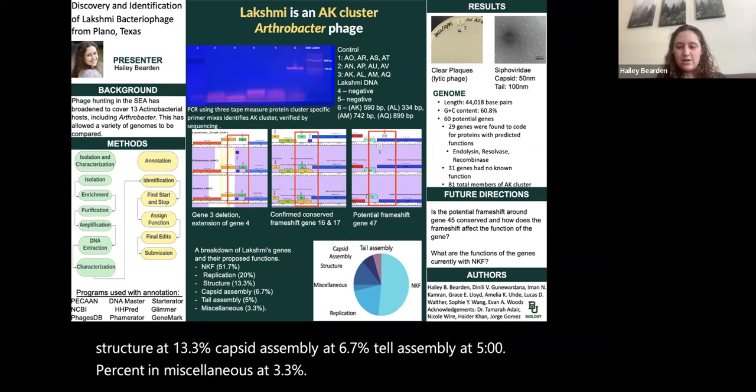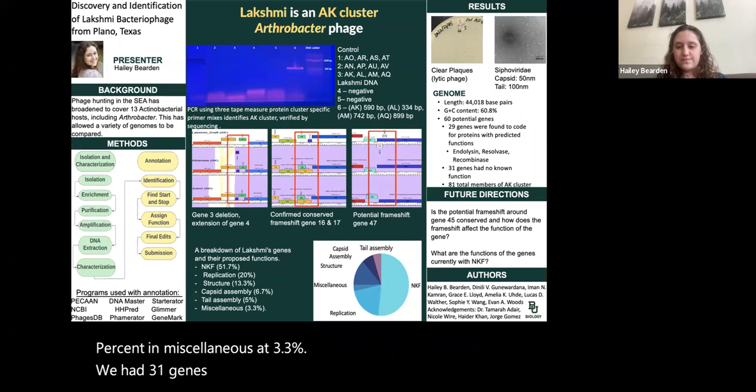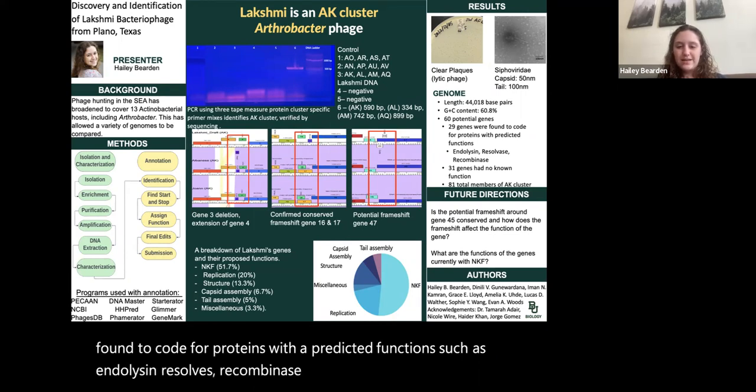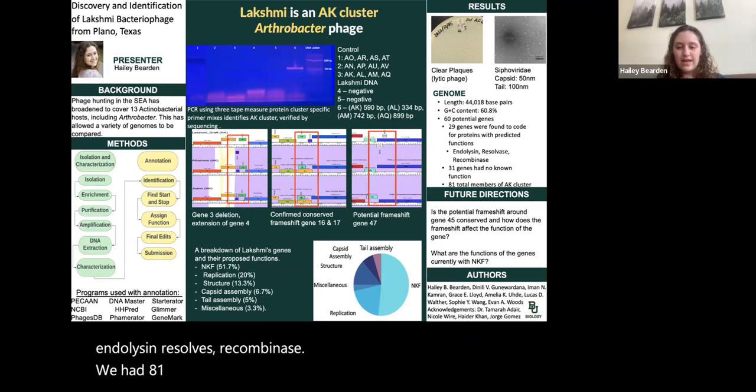We had 31 genes with no known function, and 29 genes were found to code for proteins with predicted functions, such as endolysin, resolvase, and recombinase. We had 81 total members of the AK cluster now, including Lakshmi.